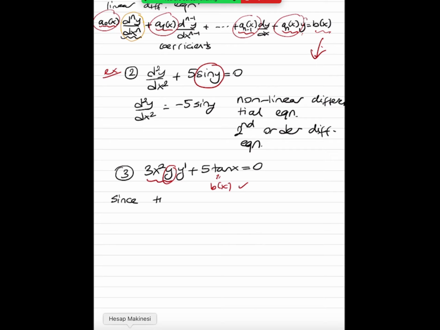Since the coefficient of y prime, 3x squared y, does not depend only on x, there is a problem with the y.